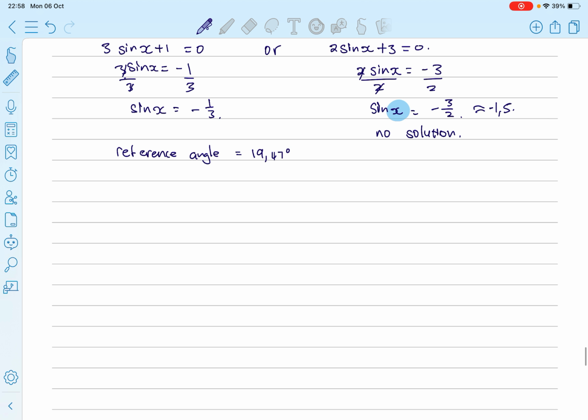So how I do it, I focus on where sine is going to be negative, and sine is negative in the third quadrant and the fourth quadrant. So let's come up with equations for the third and the fourth quadrant. So in quadrant 3, the equation there is x being equal to 180 degrees plus the reference angle, which is 19,47.